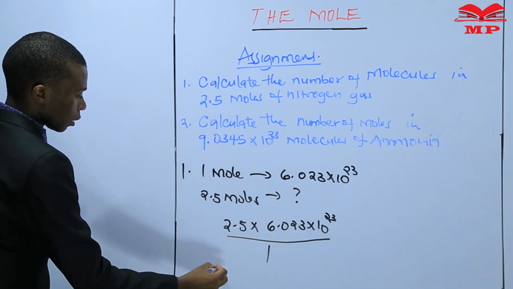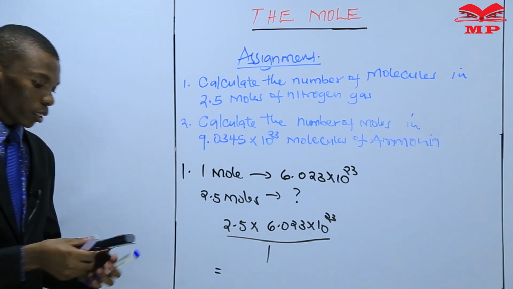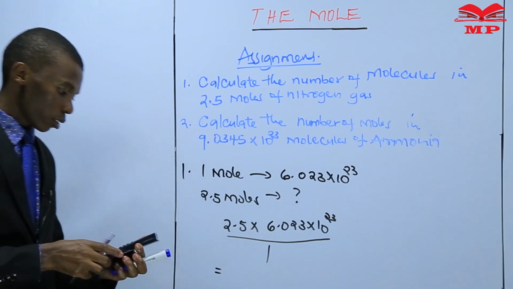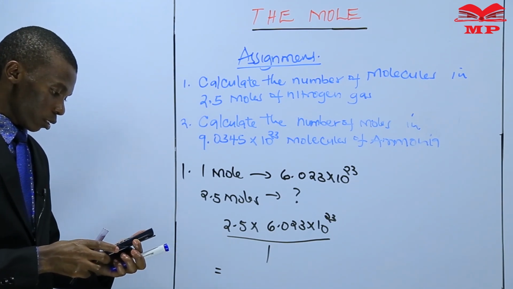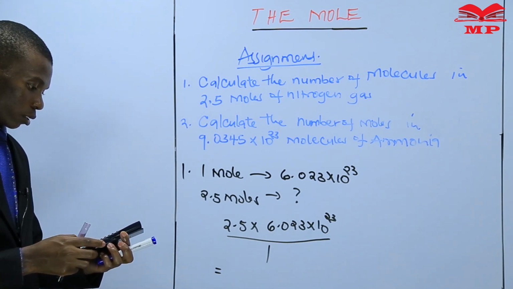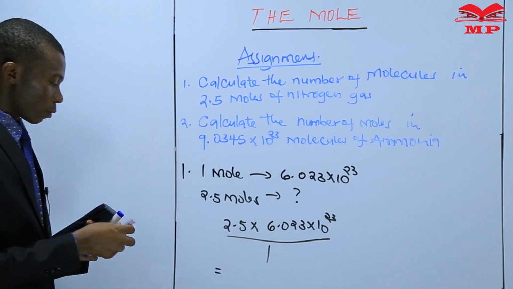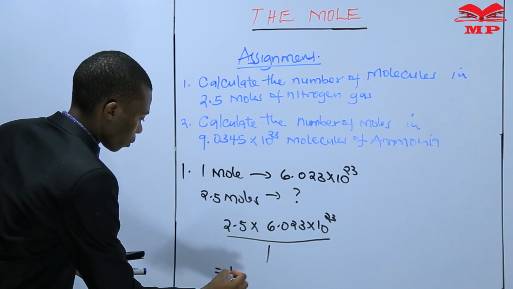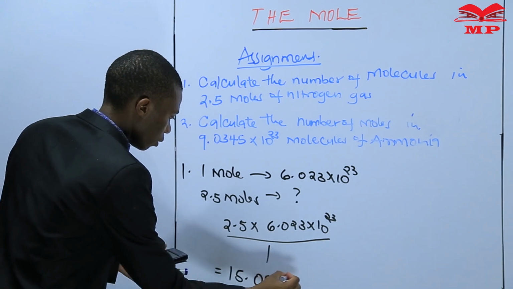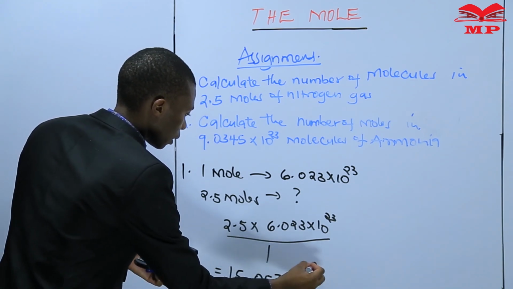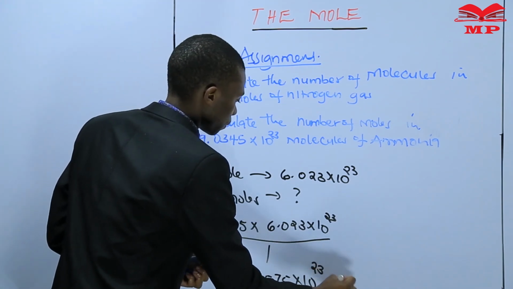This will be 2.5 times 6.023. This will be 15.0575 times 10 raised to power 23 molecules.